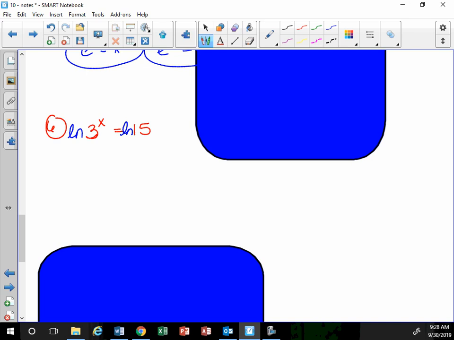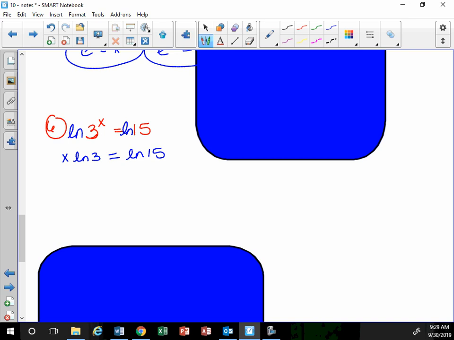Where does that x end up going then? In the front. Front, yes. So I really have x natural log of 3 equals the natural log of 15. So how do I get x by itself? Divide, yeah.